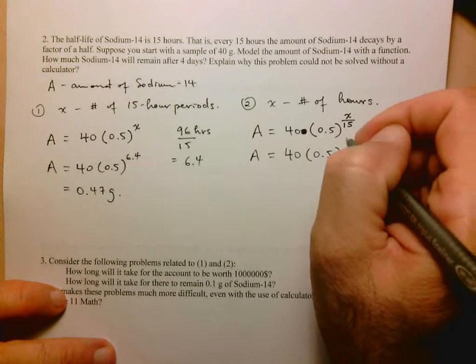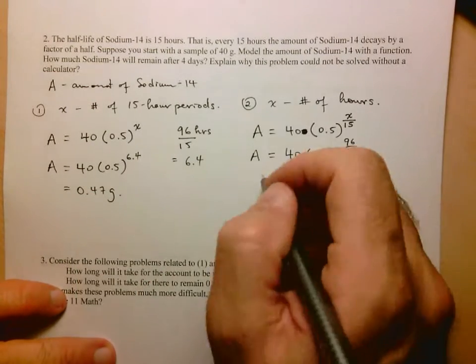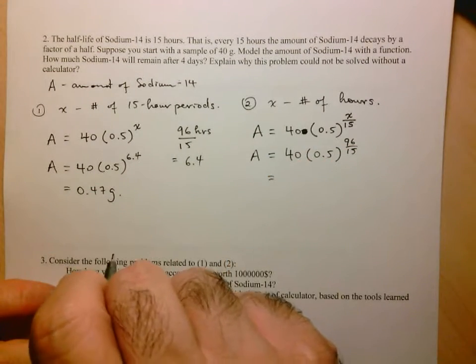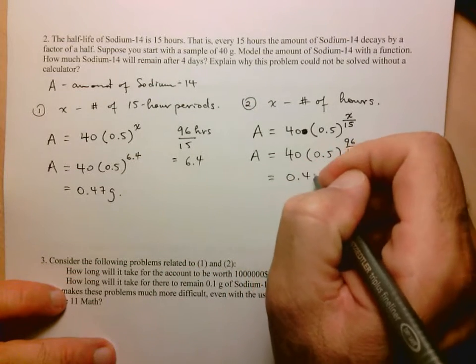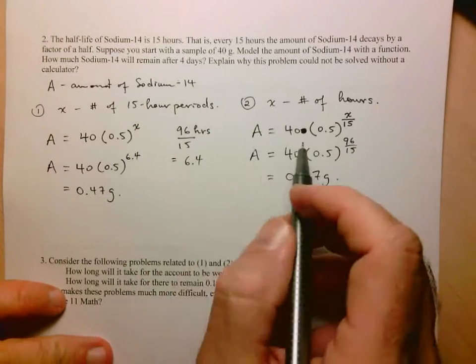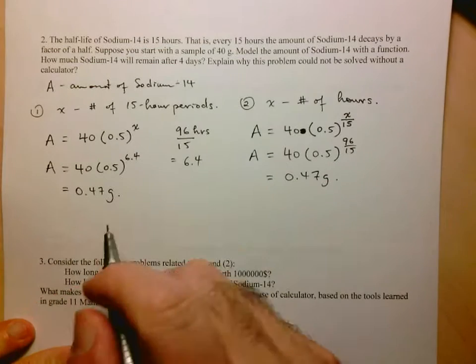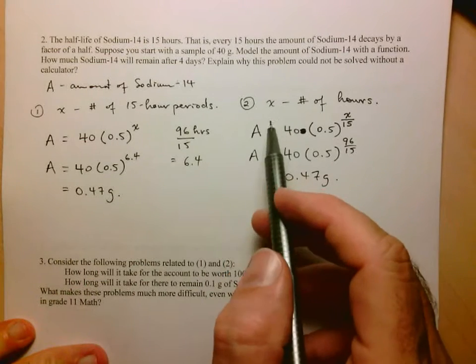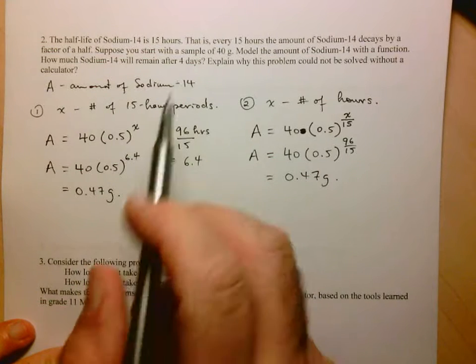I can just stick in my 96 hours here, and the division by 15 is incorporated into the equation. And again, if I stick that in, I'd get the exact same thing. So while these are both valid models, this is certainly the one that's most common and probably most useful, especially if you have to solve this for several values of X or several time periods.